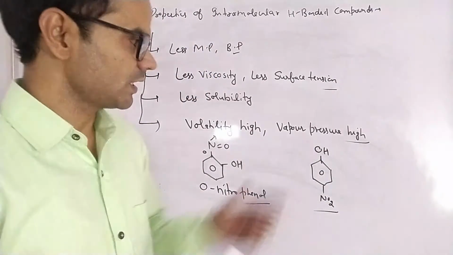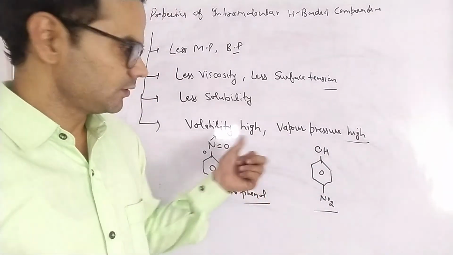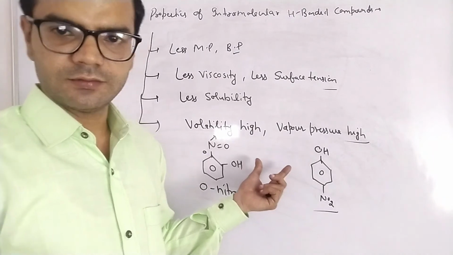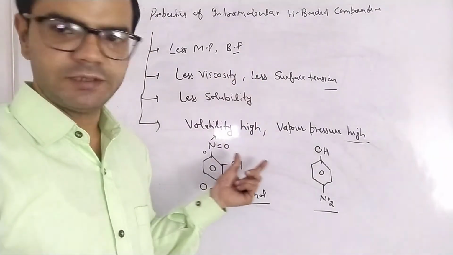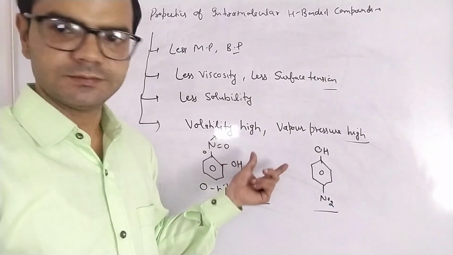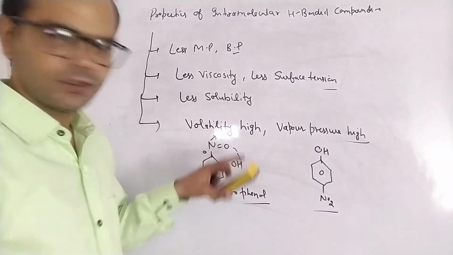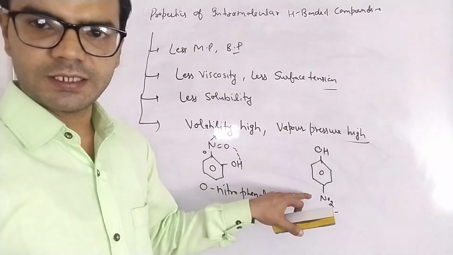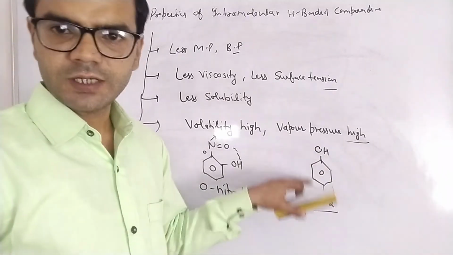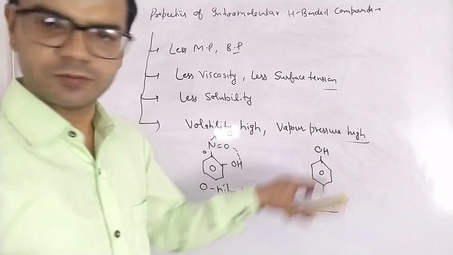And the question is which has a more volatile nature? Which has a more volatile nature means we have to find out the boiling point. The molecule having the least boiling point will have the highest volatile nature. Now this molecule is intramolecular hydrogen bonded, but this paranitrophenol can't be hydrogen bonded within the same molecule. It will make hydrogen bond with one more molecule.